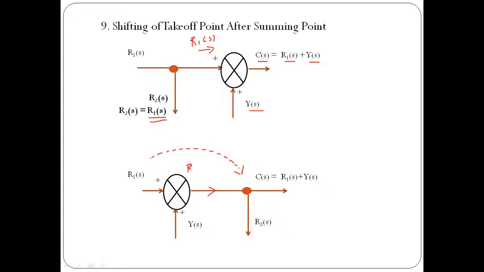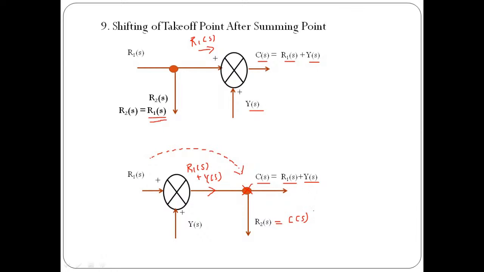So this C of S is going to be R1 of S plus Y of S. Now here we have a takeoff point, and through this point we get the value of feedback signal, which is nothing but R2 of S. So this R2 of S will remain the same, that is nothing but C of S, which is R1 of S plus Y of S.